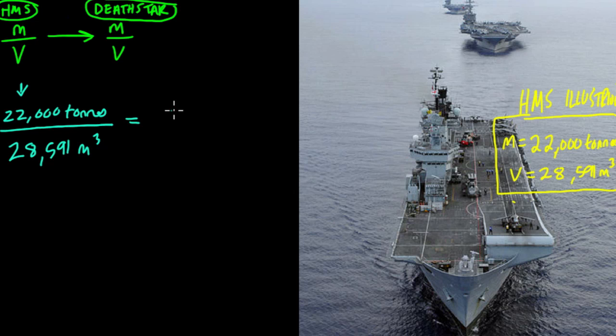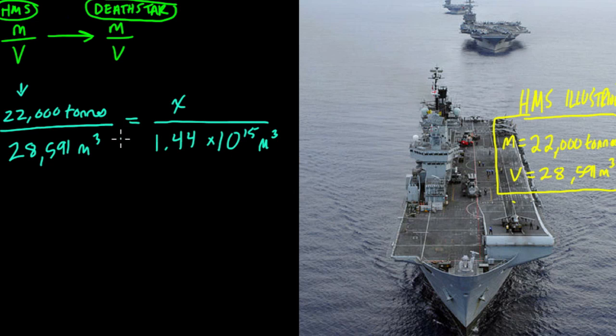And that's going to equal some mass, we'll call it X, of the Death Star over the Death Star's volume, which was that enormous number we got just earlier, right? This Death Star has a volume of 1.44 times 10 to the 15th cubic meters.